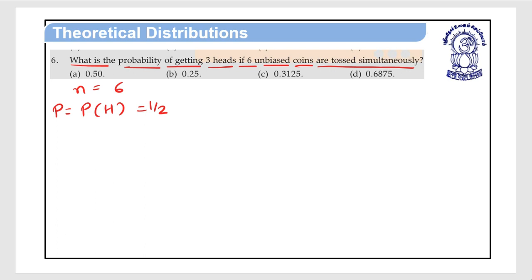The probability of tails is also 1 by 2. So q is equal to 1 minus p, 1 minus 1 by 2, is equal to 1 by 2.